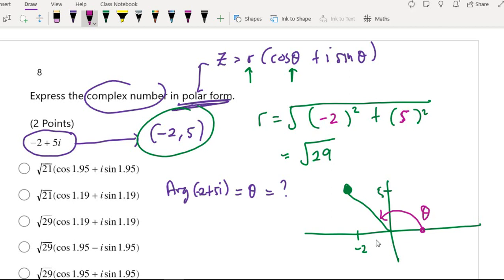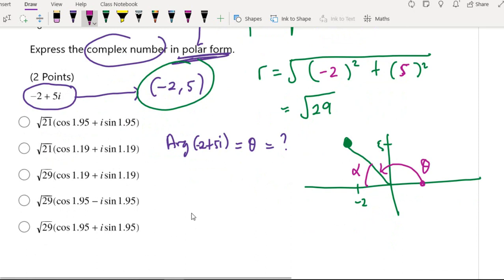Before you find theta, you need to find alpha, the basic angle. Alpha is equal to tangent inverse of the modulus of y over x, so 5 over -2.